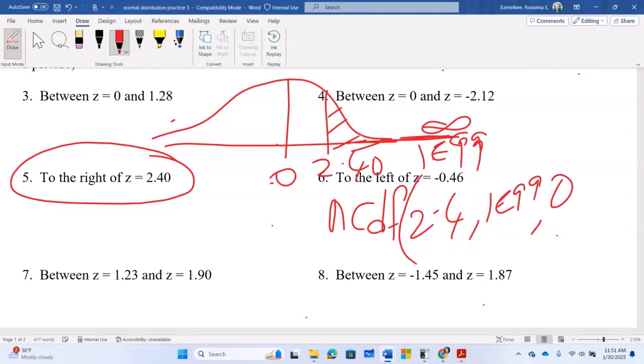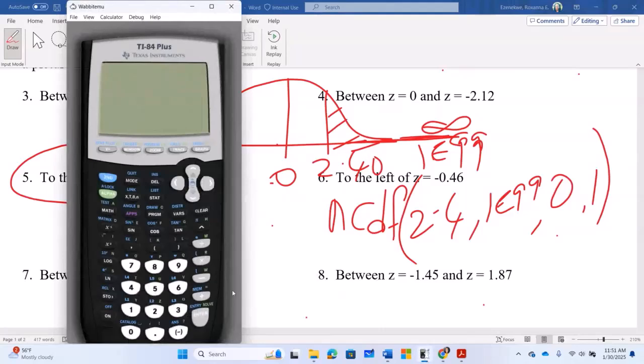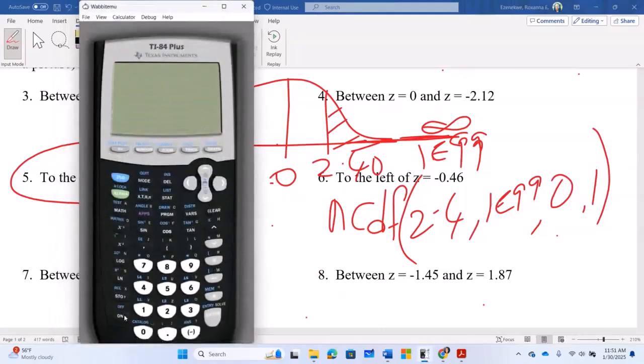The mean of a standard normal is 0. Standard deviation is 1 because we are counting in standard deviations. So I'm going to pull my calculator up and find the area between 2.4 and positive infinity. So I'm going to clear. And then where do I go?